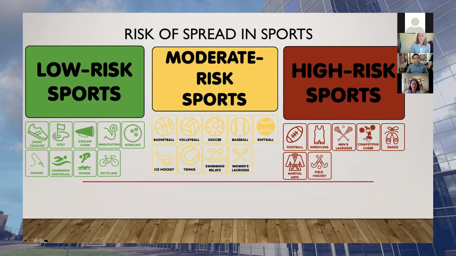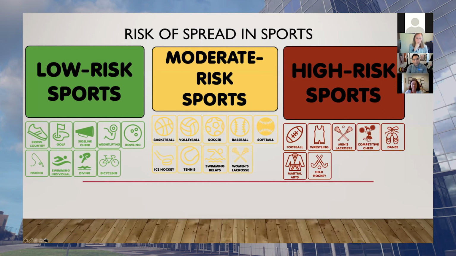So, risk of spread in sports. The National Federation of High Schools put sports into 3 categories in terms of risk of COVID spread. In the green is the low risk sports: golf, swimming, cross country, bowling, bicycling.